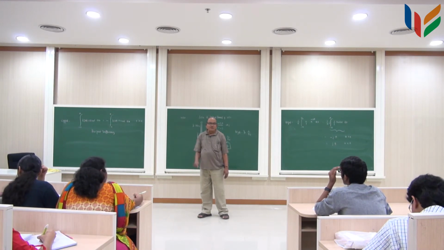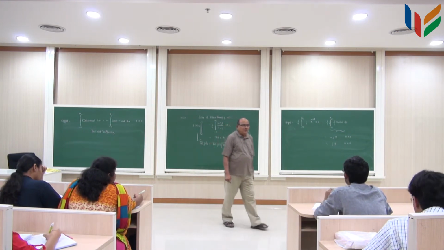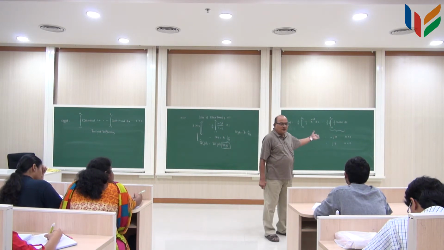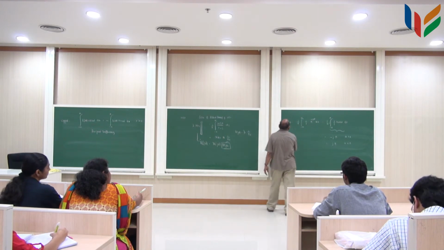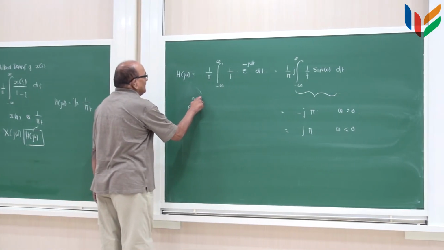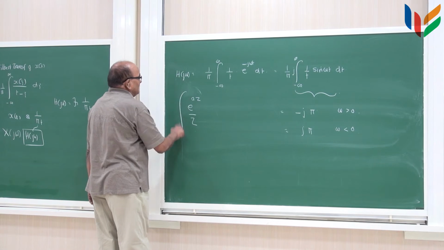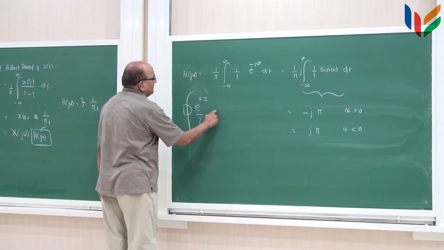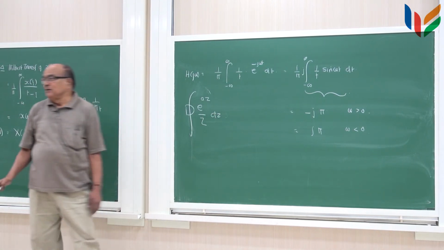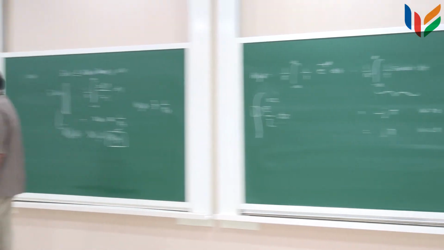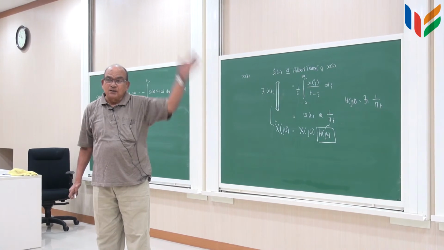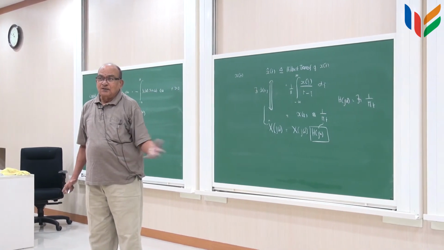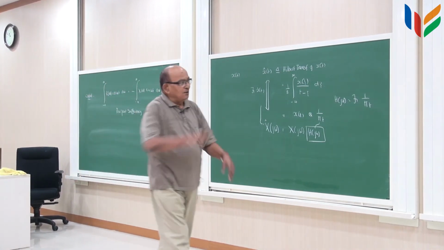Now you are doing the complex variable theory, right? This is a complex integration. You do the integration of e to the power of az by z. If you do this complex integration, this function is nothing but the integration around the j omega axis, and you can find the other components along this.